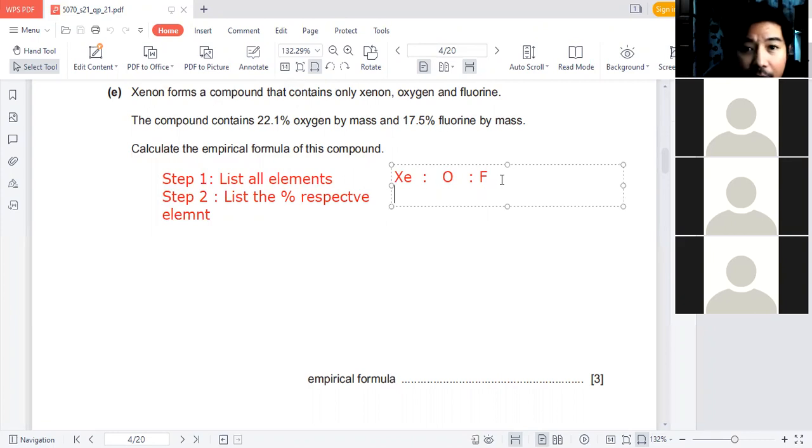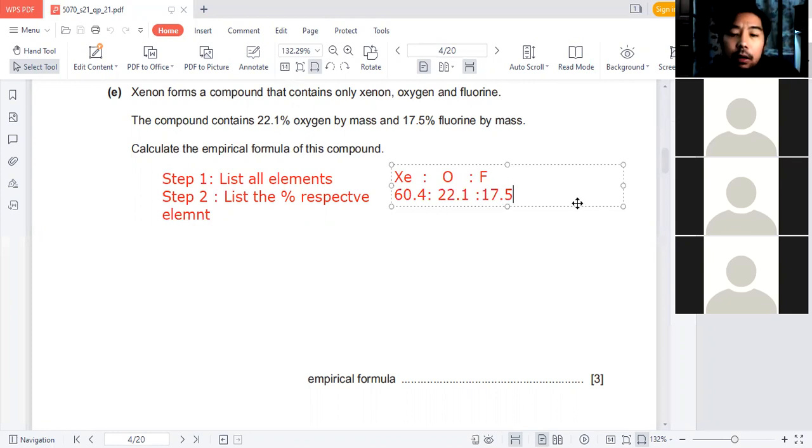Here, xenon is 100 minus, where's the calculator, 100 minus 22.1 minus 17.5. So xenon is 60.4. Oxygen is 22.1, and fluorine would be 17.5.